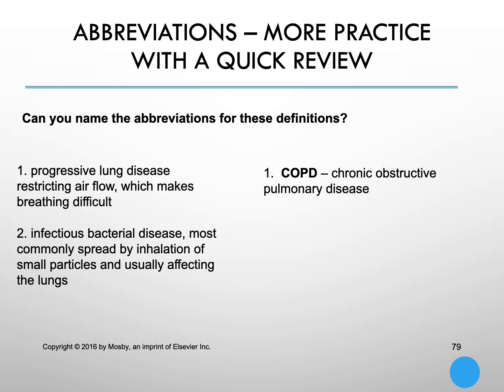Let's look at number 2, infectious bacterial disease, most commonly spread by inhalation of small particles and usually affecting the lungs. What do you guys think? If you said you think TB, you would be absolutely right. That is the definition for tuberculosis.